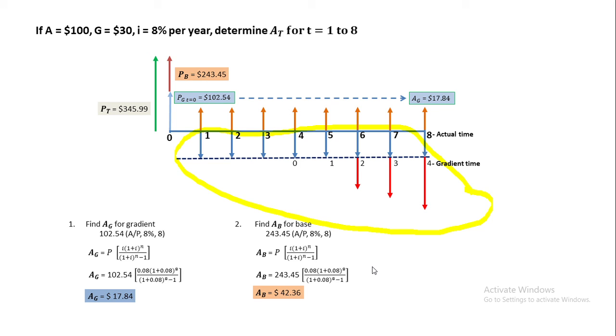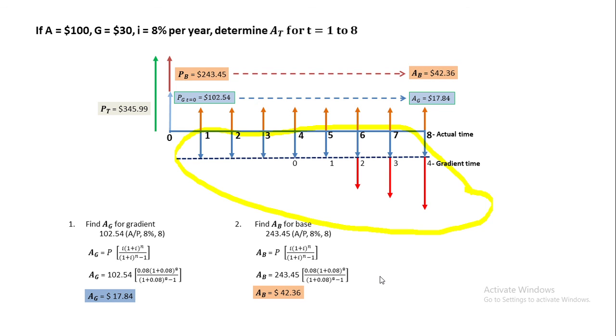Our P is $243.45. Then 8% interest and 8 number of periods. By solving, we will come up with A sub B equal to $42.36.